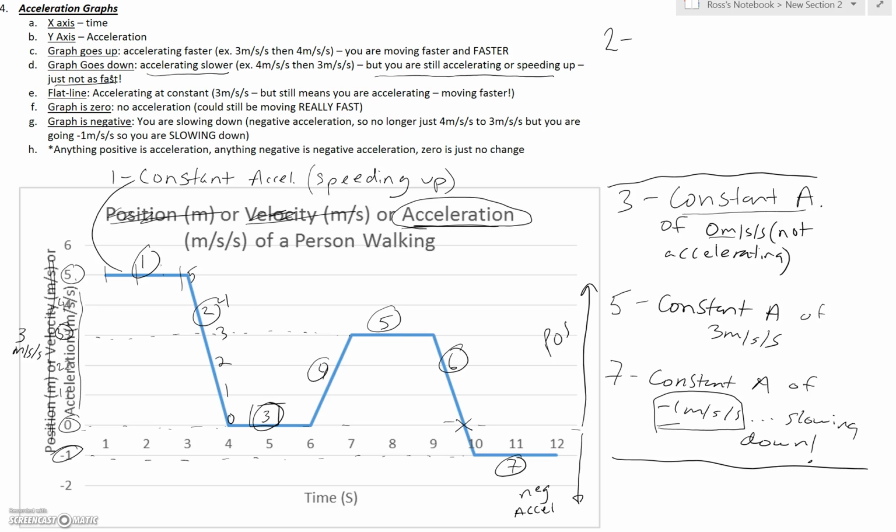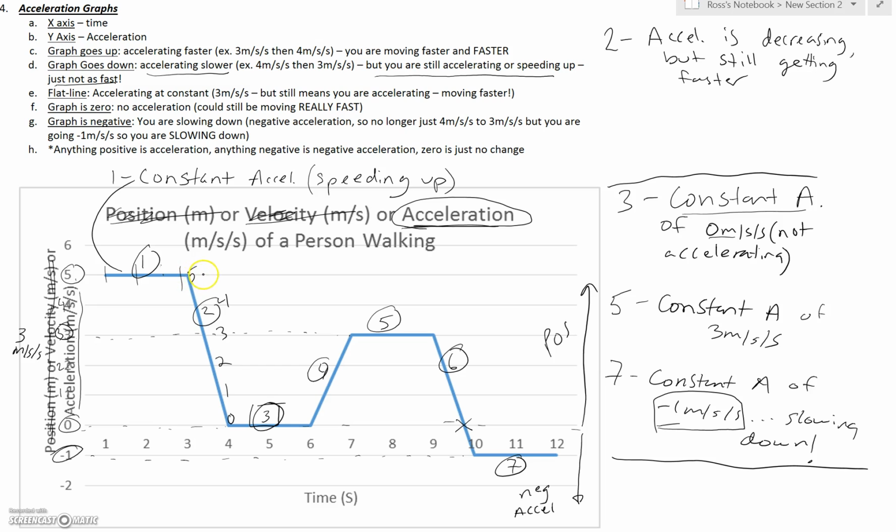So in interval 2 here, your acceleration is decreasing, but still getting faster, right? You are still going faster every single second. You're just not doing it as quickly.